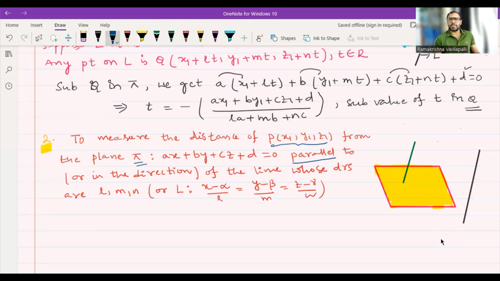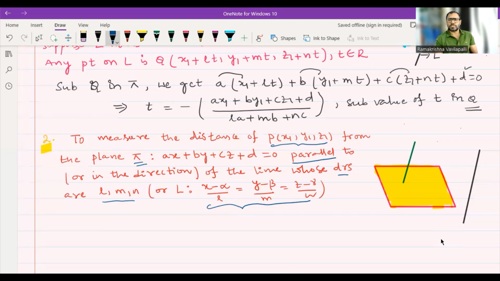This model is important. The line may be given by its DRs, or they may give the line directly, which means that according to the given line, we have to measure the distance of the point from the plane.